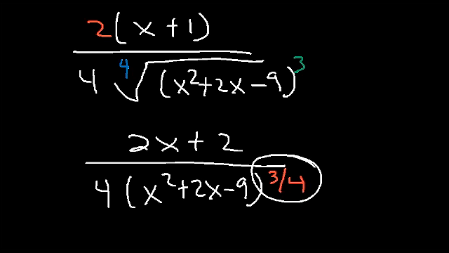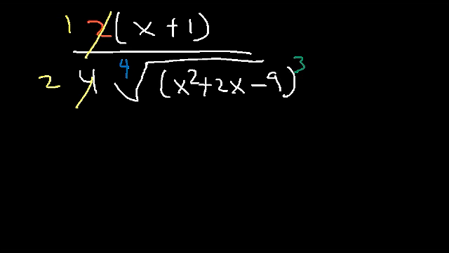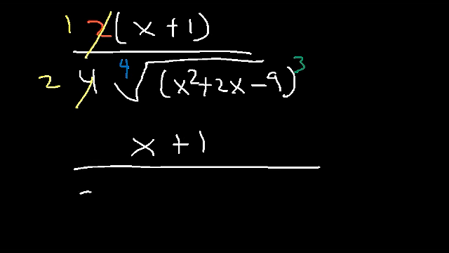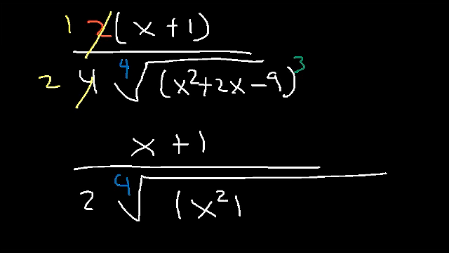And we could reduce 2 over 4, that's going to change to 1 over 2. So our final answer for this problem is x plus 1 divided by 2 times the 4th root of x squared plus 2x minus 9 raised to the 3rd power. So this is it.